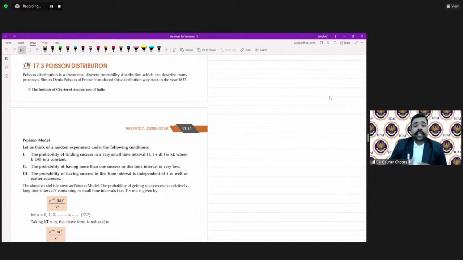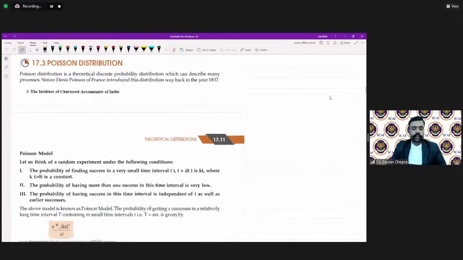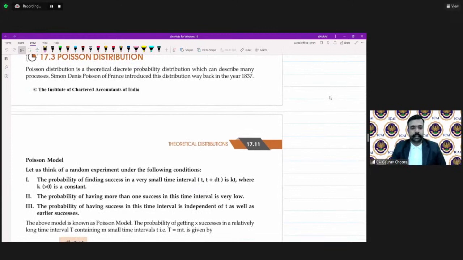So, in today's class, we are talking about the topic Poisson distribution. Now, Poisson is again part of discrete probability distribution. Under the heading discrete, we had discussed two distributions. First one is binomial and second one is Poisson. So we are doing Poisson distribution now in a bit of detail.